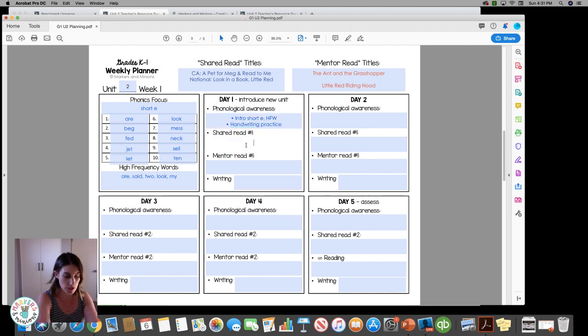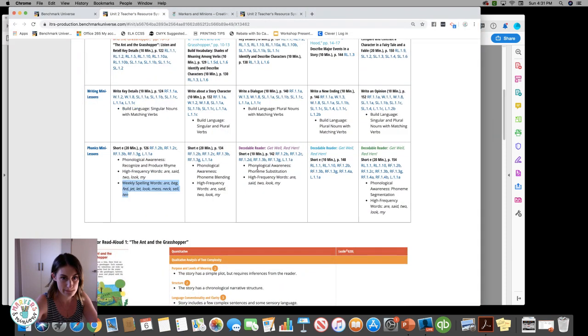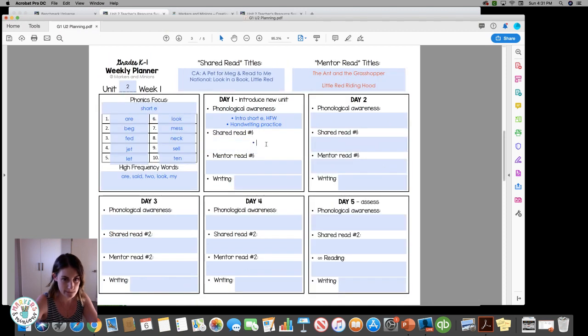Okay, now for shared reading, I decided that I would focus on just my fluency day 1, so rate and pausing, and then print concepts. Okay, my meant to read key details, and then we're always writing about what we're reading about, so write key details.